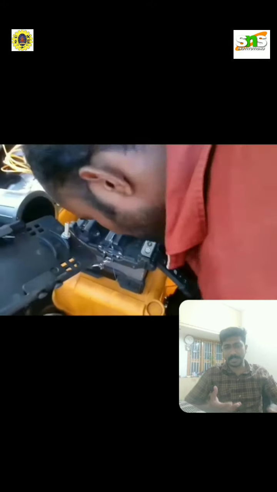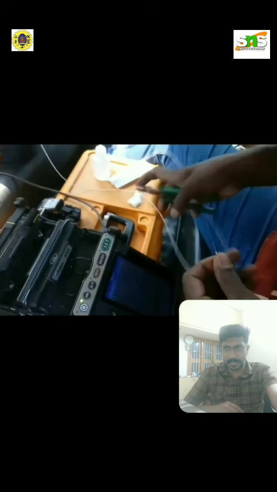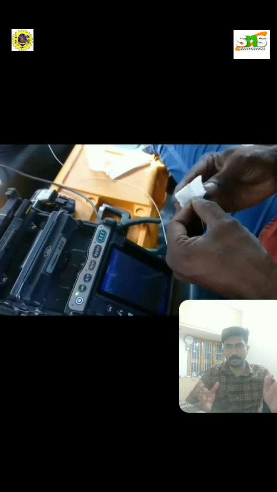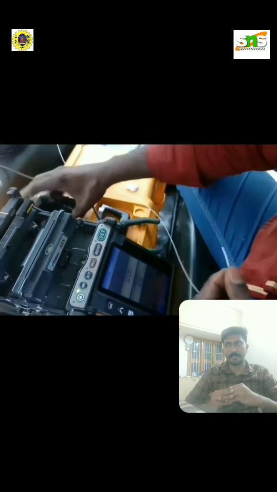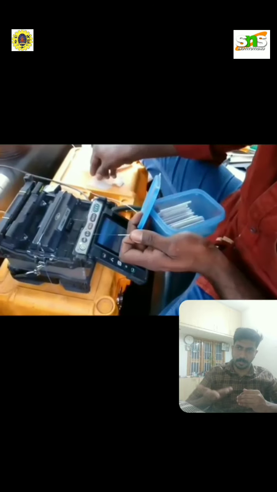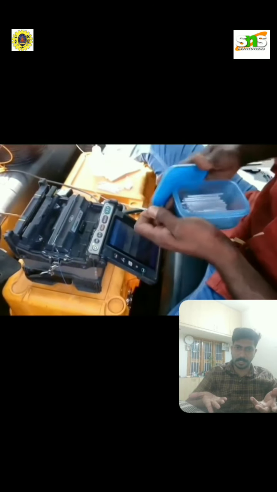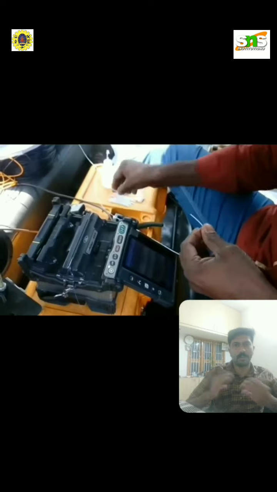The fusion splicing method is a permanent connection of two or more fibers by welding them together using an electric arc. It is the most widely used method of splicing, as it provides low cost and low loss to the signals.